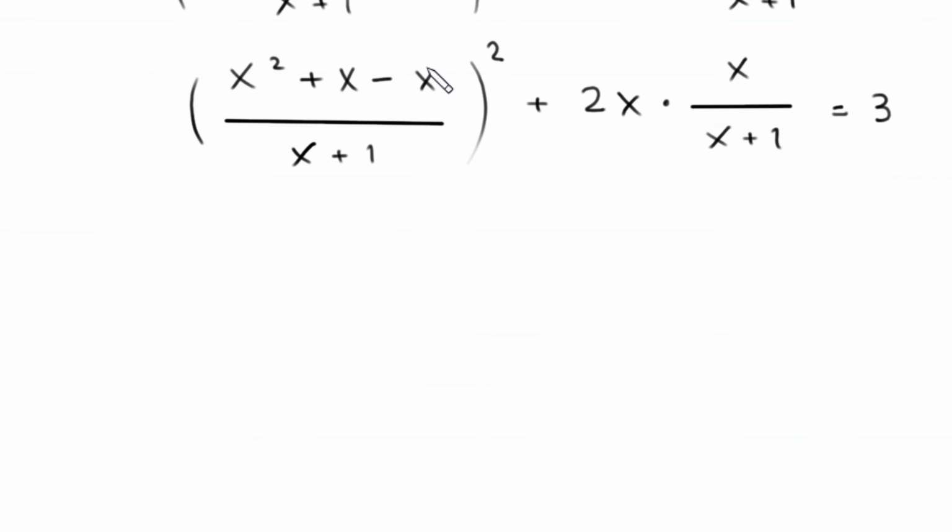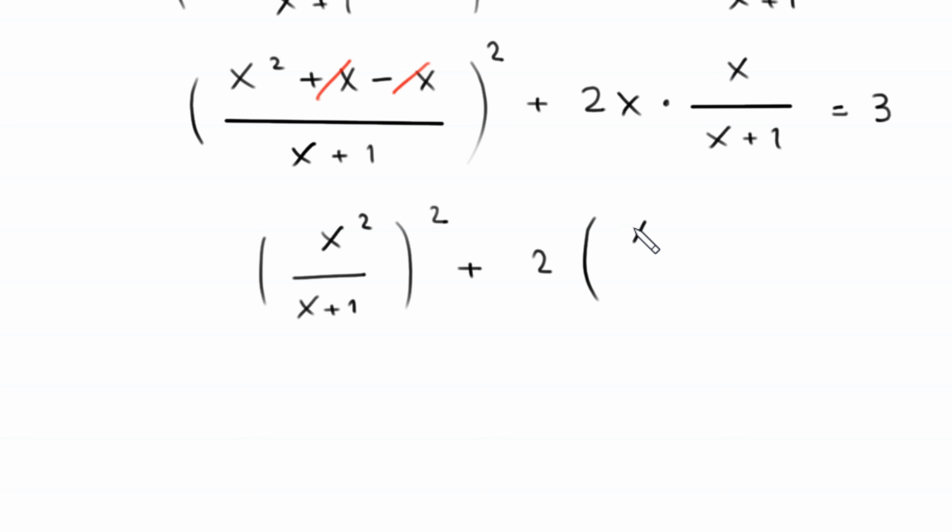Now this negative x will be cancelled out with this positive x, and we are left with x squared divided by x plus 1 whole squared plus, since here we have x squared over x plus 1, we multiply this x by this x. This will become 2 times x squared over x plus 1 is equal to 3.